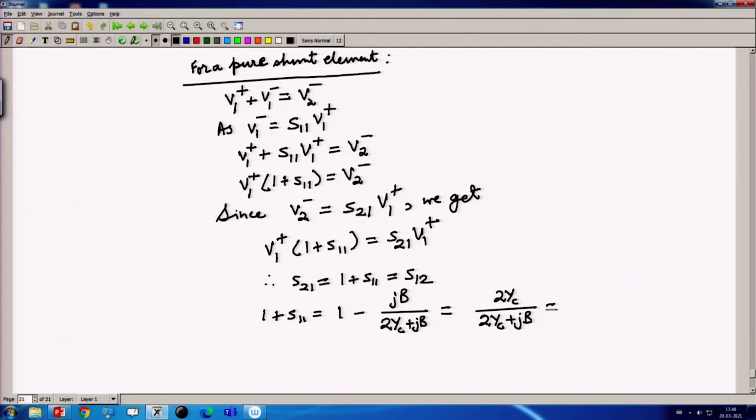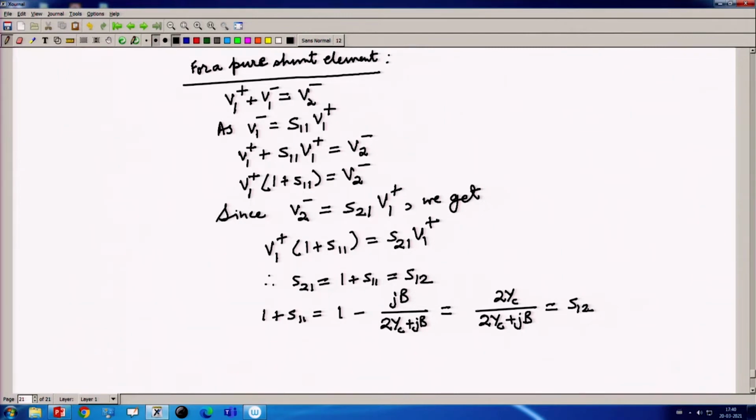And that is equal to S12. Okay. So, this is for the pure shunt element.